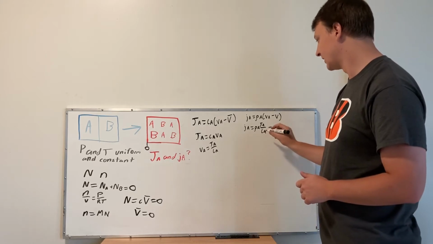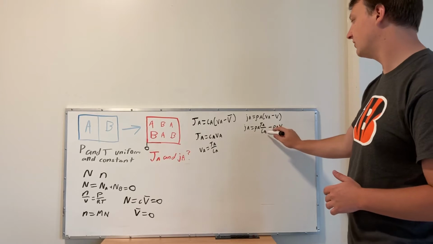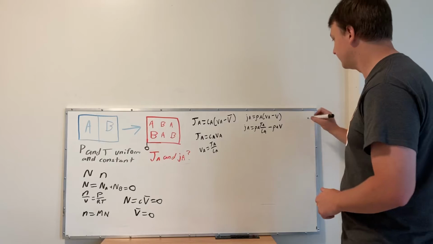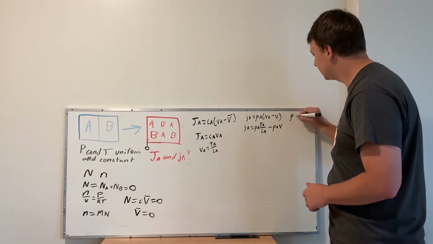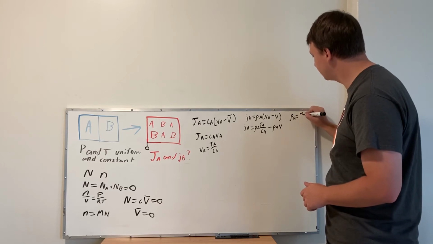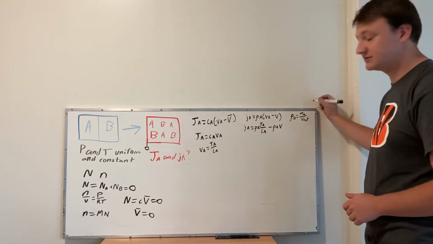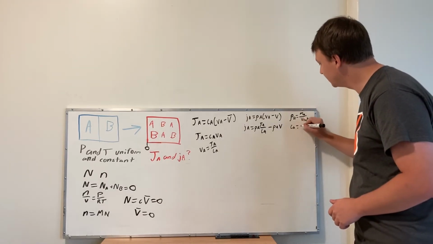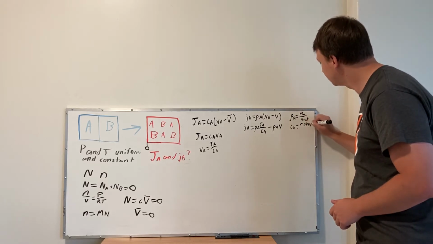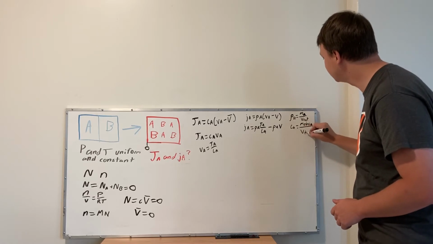Now, if we look at what we just plugged in, we have concentration, we have density over concentration of component A. Now, density is the mass of A over the volume total. And the concentration would be the moles of A over the volume total.